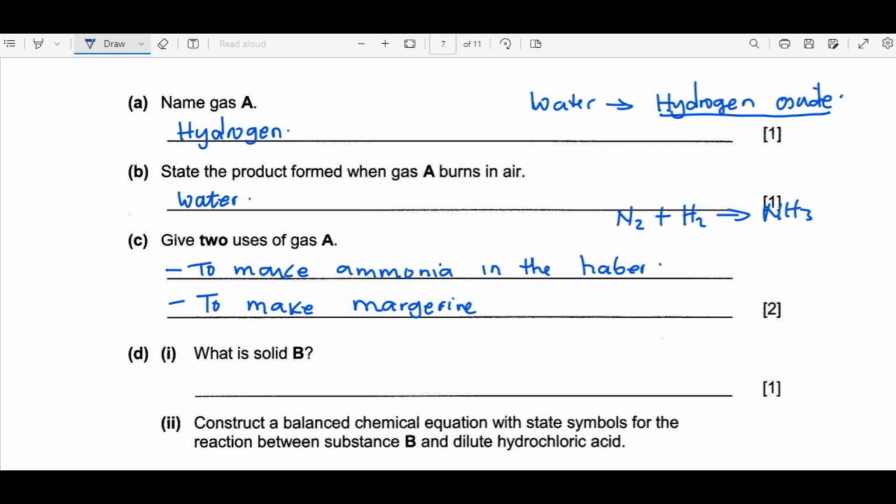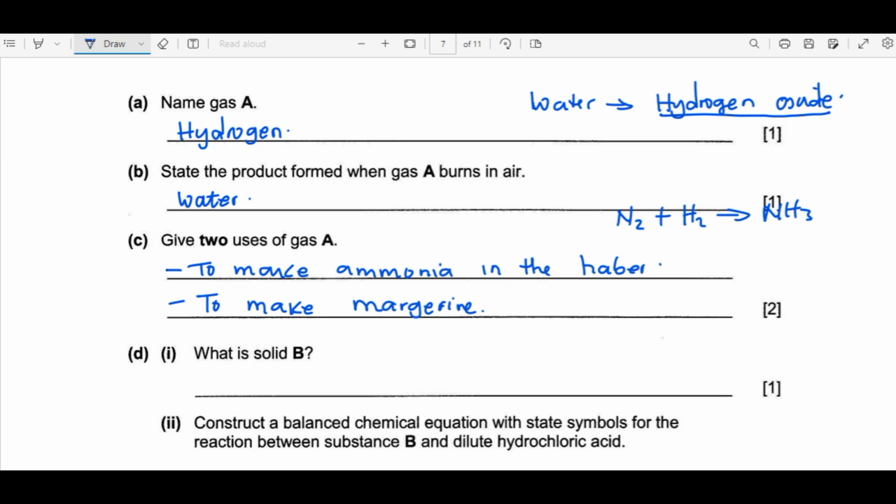Whenever we are looking at formation of margarine, we are looking at hydrogenation. Organic chemistry tells us that hydrogenation is just the addition of hydrogen to an alkene in order to form an alkane, and that one is used for the hardening of margarine.